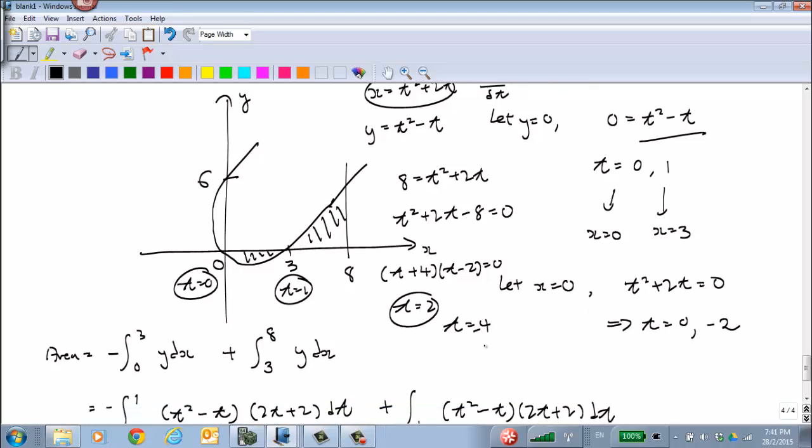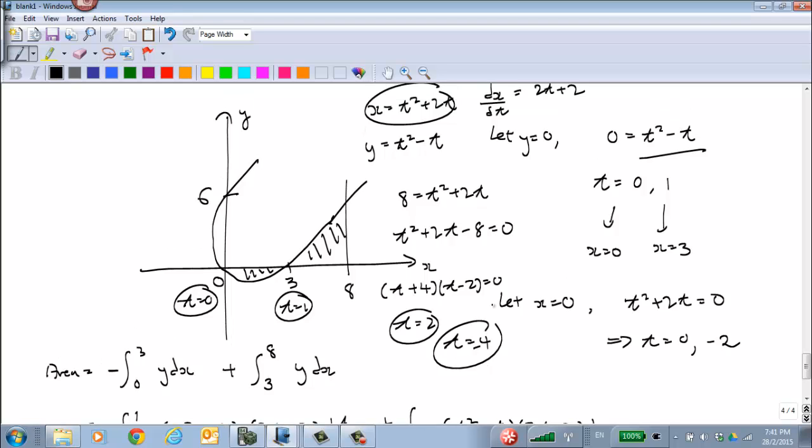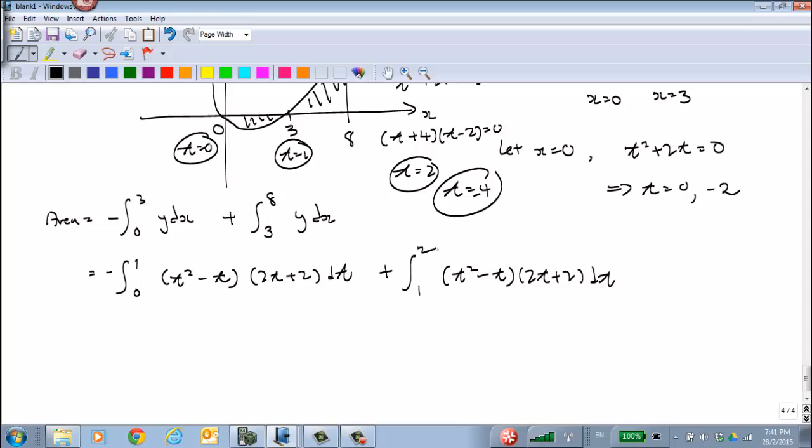So which one is it? You will sub these two t values, t equals 2 and t equals minus 4, into the value of y. For t equals 2, you will get y equals 2. For t equals minus 4, you get y equals 20. So basically, it's a higher point here. So for this particular point that we are interested in, it is t equals 2. So let's just put it in.